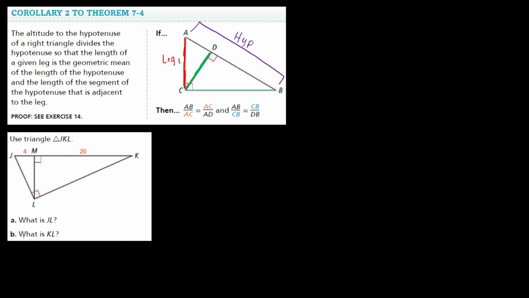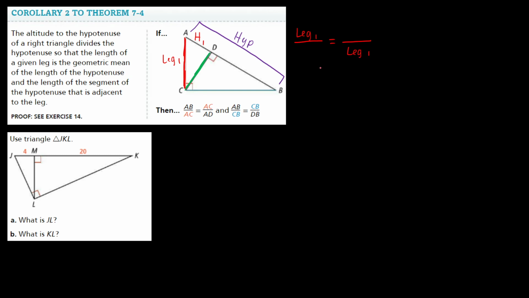It's the geometric mean of the whole hypotenuse and the portion of the hypotenuse that is closest to that leg. So I'm trying to break up this theorem so it makes a little bit more sense. The first part of this corollary says leg 1, one of the legs, is the geometric mean, meaning multiply across.